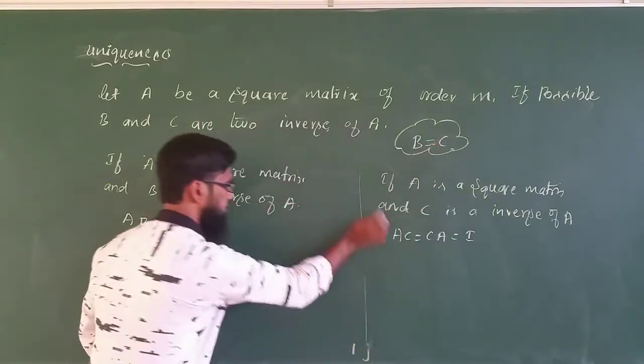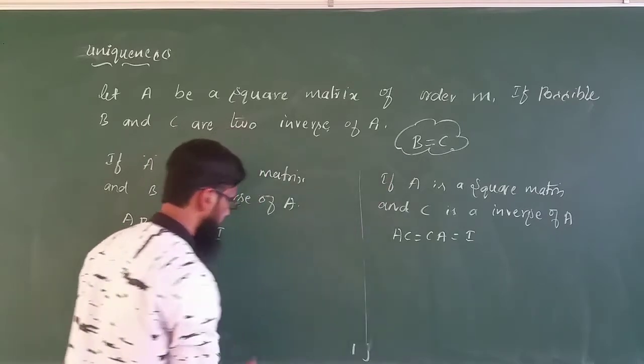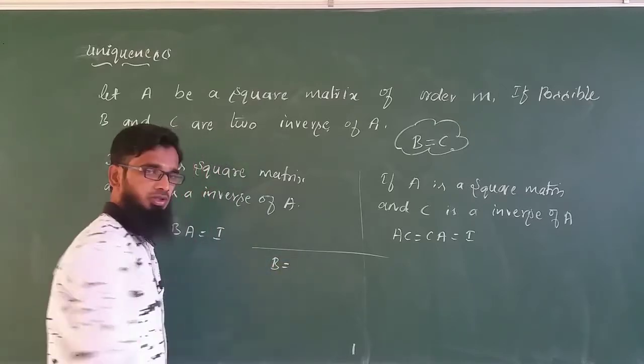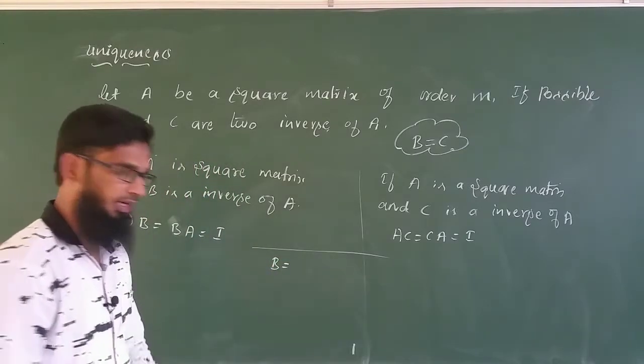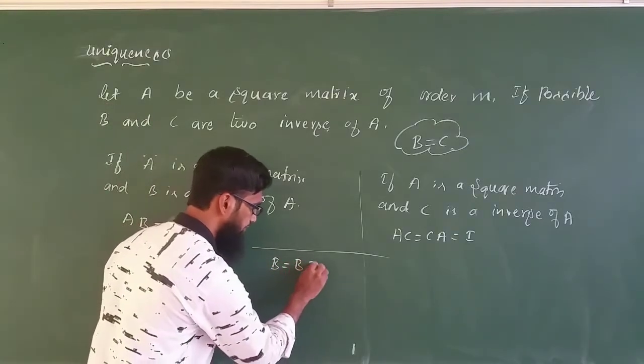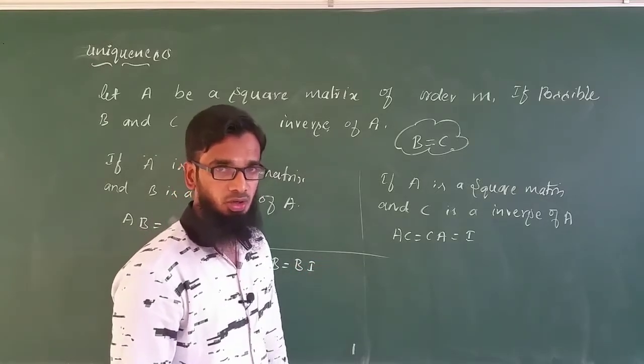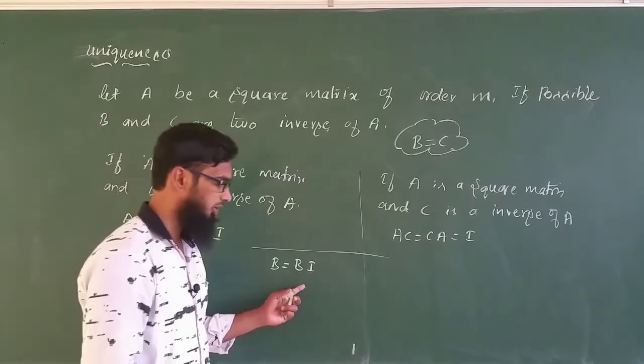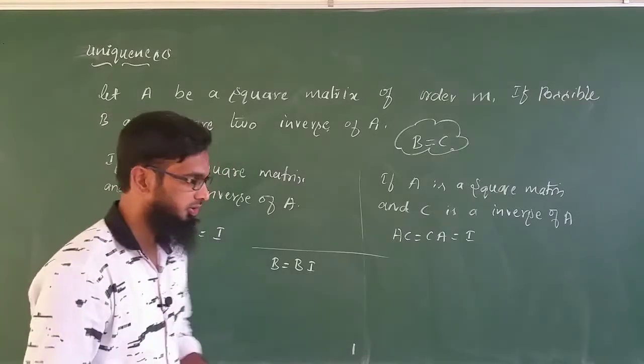Now I will consider the left hand side, which is B. I can write B as B into I, by the identity law: multiplying the identity matrix with any matrix gives the same matrix itself.